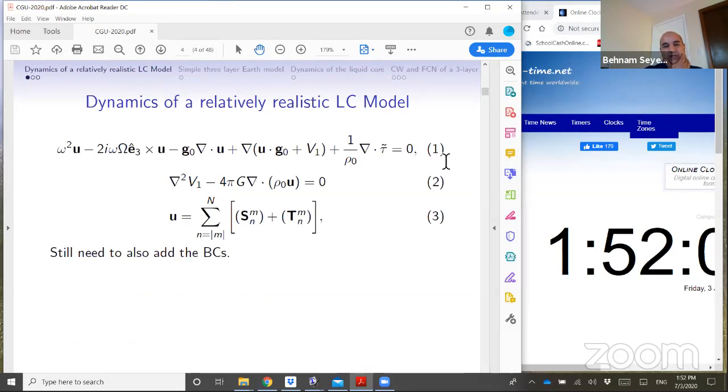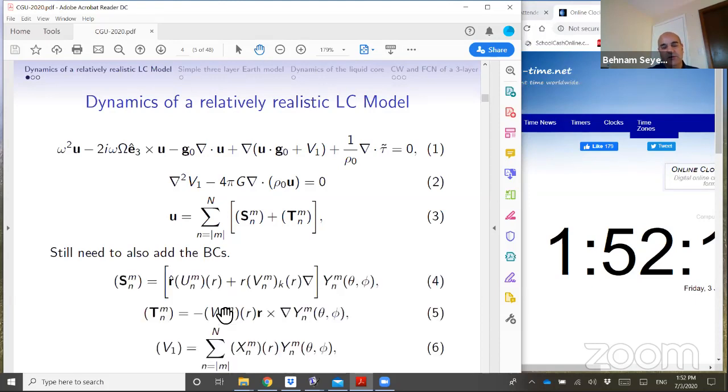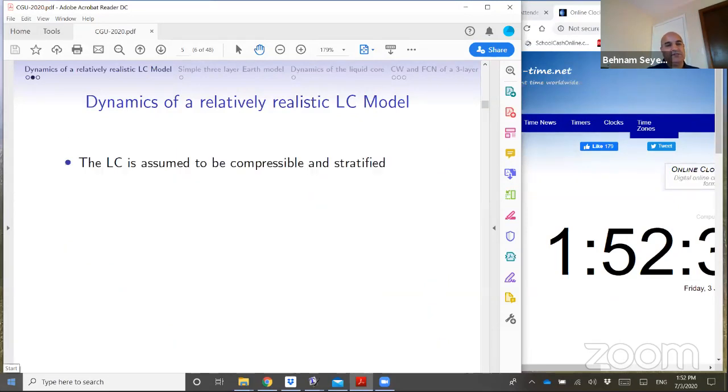These are the equations for the dynamics of a realistic Earth model. You can see that the displacement is represented as spheroidal and toroidal vector fields, and then these are expanded as such, and then of course solved for. Ideally, we want n to be as large as possible to ensure convergence.